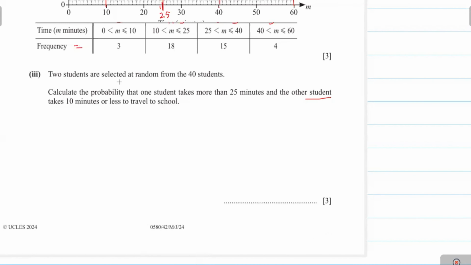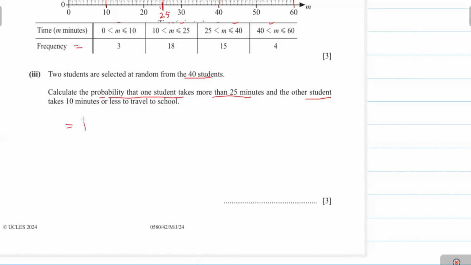After 2 students are selected at random from 40 students, calculate the probability that one student takes more than 25 minutes, and the other student takes 10 minutes or less to travel to school.